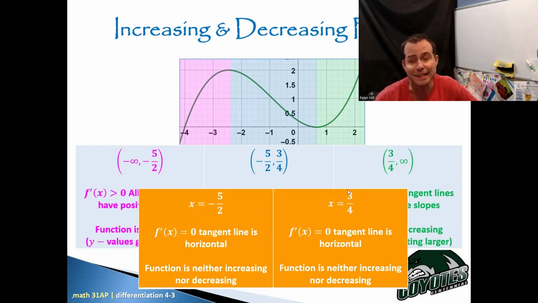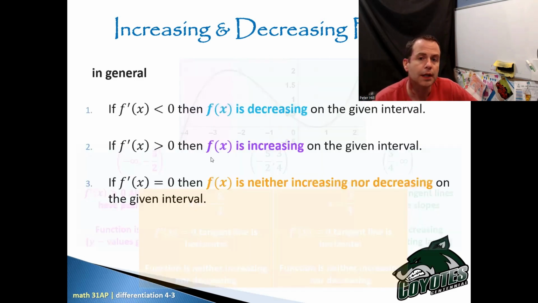It's in the middle of changing. So in general, if the derivative is less than 0, the function is decreasing. If the derivative is greater than 0, the function is increasing. And if the derivative is 0 itself, the original function f of x is neither increasing nor decreasing.